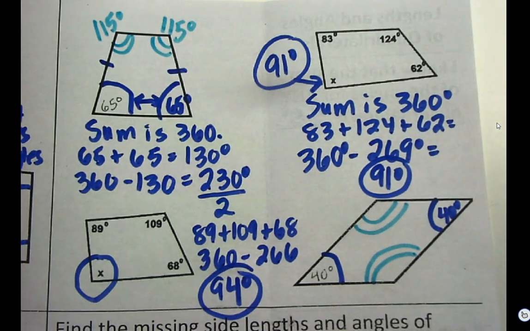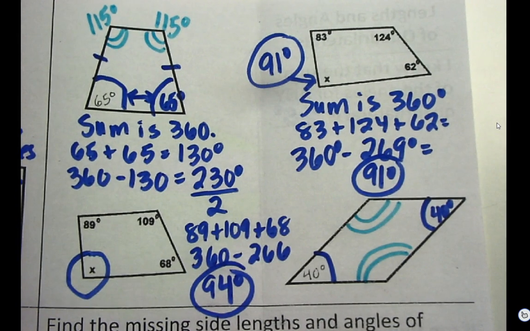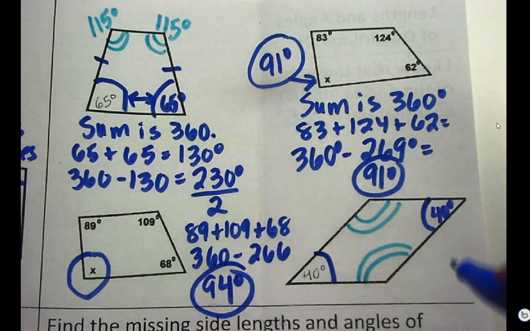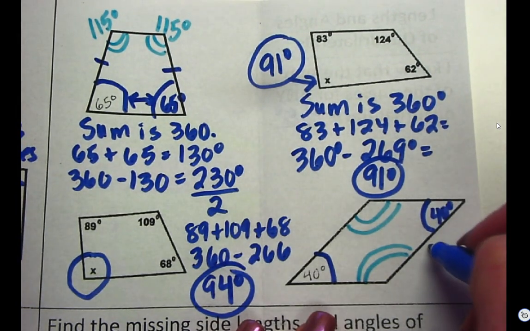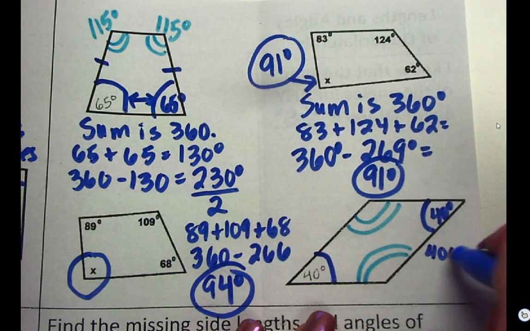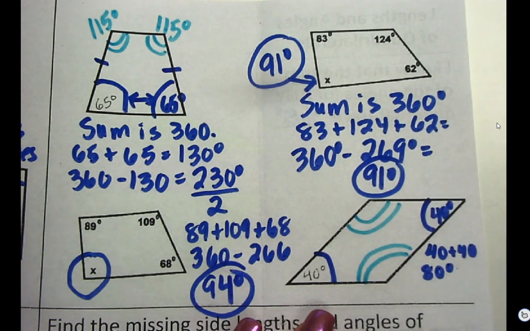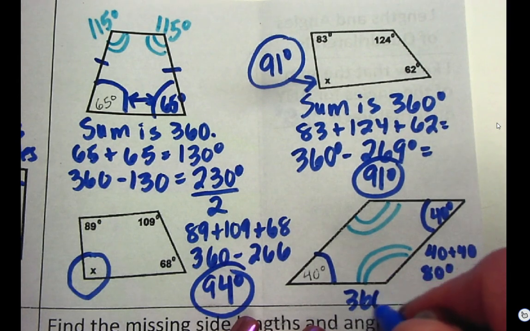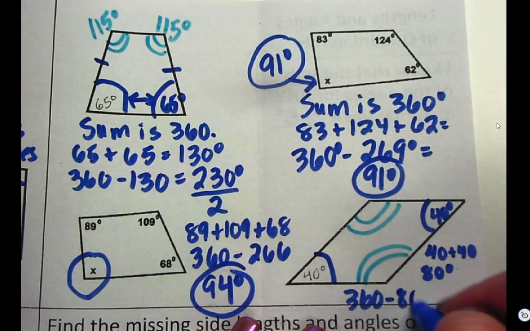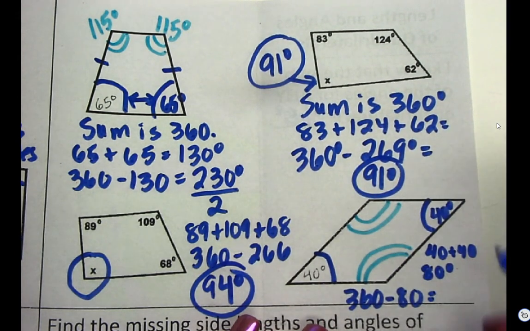And how can I do that? Adding them together. So I get 40 plus 40. So I get 80. And what do I do with the 80? I take 360. I subtract 80. And I get what?